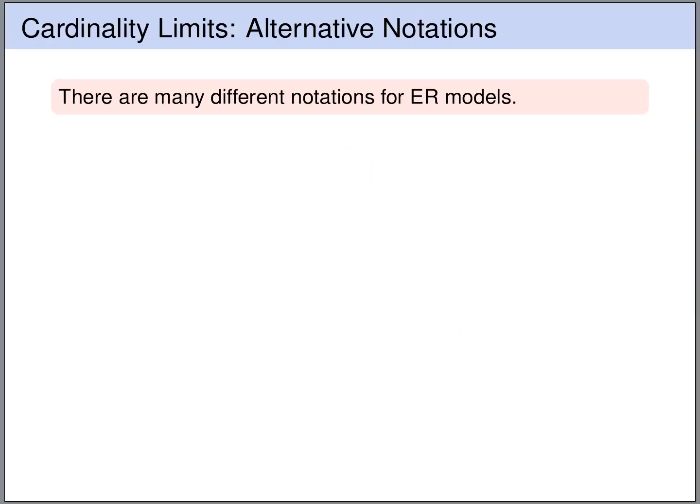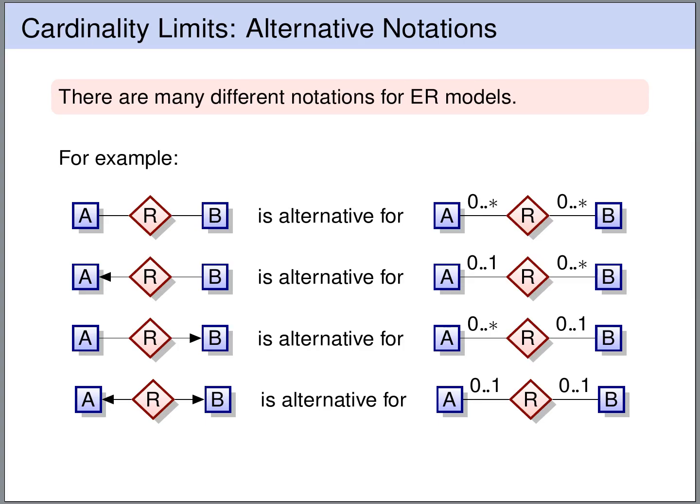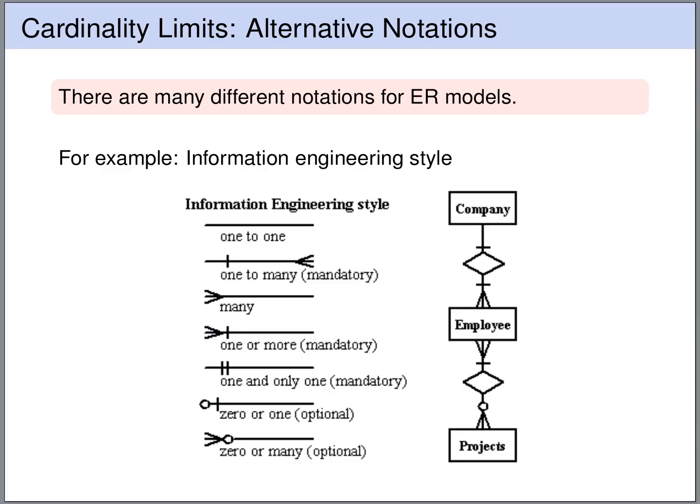There are many different notations for the cardinalities in entity relationship diagrams. One alternative, for example, is that we use these arrows to express 0 or 1. The engineering style uses such a fence to express many, and it uses such a circle to express possibly 0.